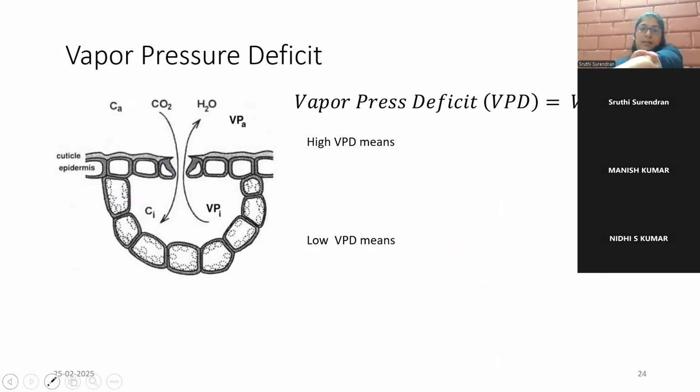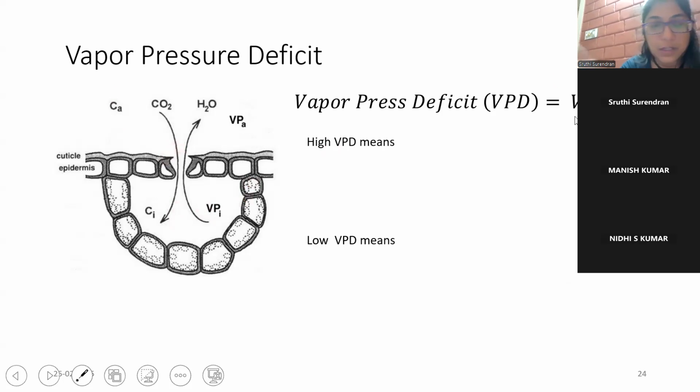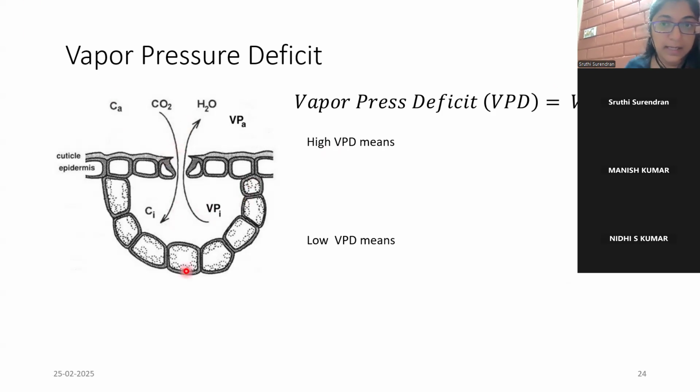Now, this term called vapor pressure deficit, we have become familiar with what it is. Vapor pressure deficit is nothing but the difference between the vapor pressure inside the leaf, which is basically the saturated vapor pressure, and the vapor pressure outside the leaf. So this vapor pressure deficit is what is driving the transpiration process. What does high VPD indicate?